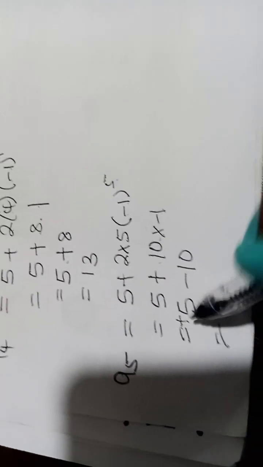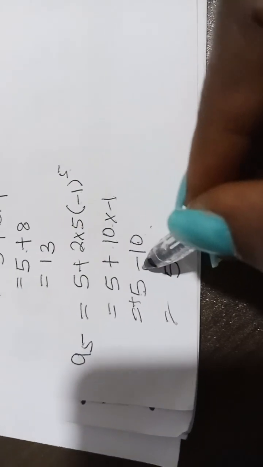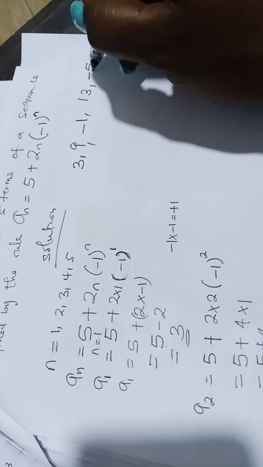And if you follow the same explanation I did, you discover that we have a +5 and a -10. So what's the difference between 5 and 10? Or take it backward. 10 minus 5 will give you what? 5. But since the bigger number is having the negative sign, our result will carry the negative value. So our fifth term is -5.